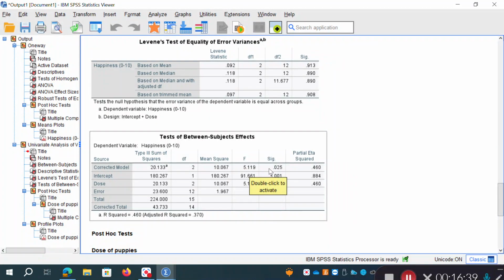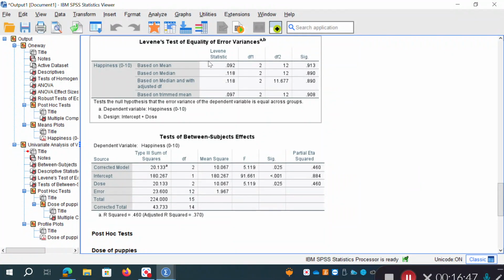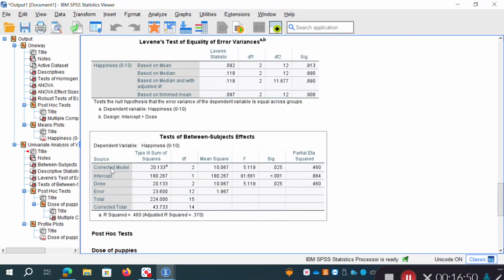One other thing to note about this table is this top line, corrected model, which gives us an F value and a significance, and I think this is the robust model. If we weren't able to assume equal variances, we could interpret our F value from this corrected model. It turns out to be exactly the same in this case as our normal univariate F test.